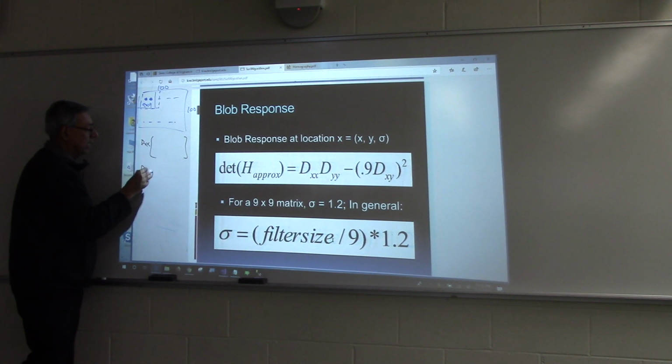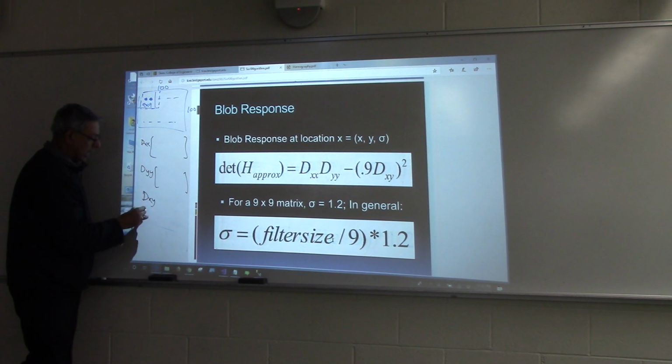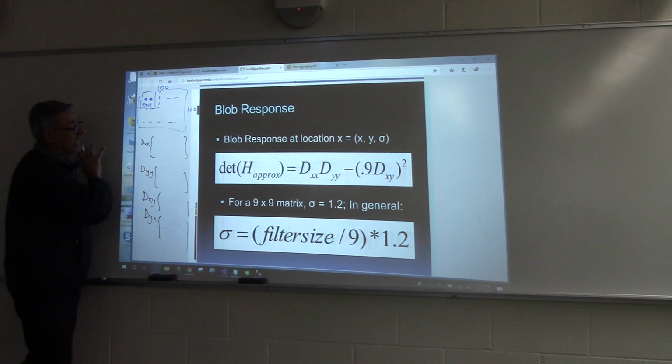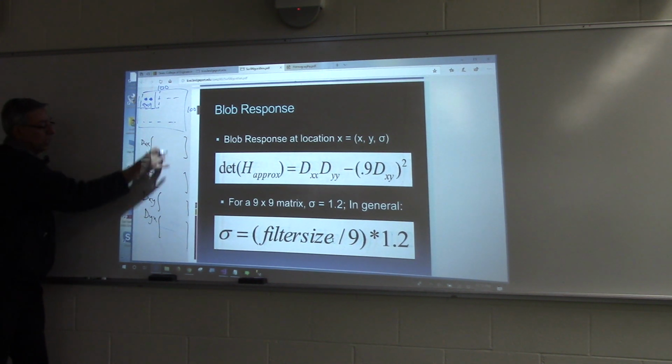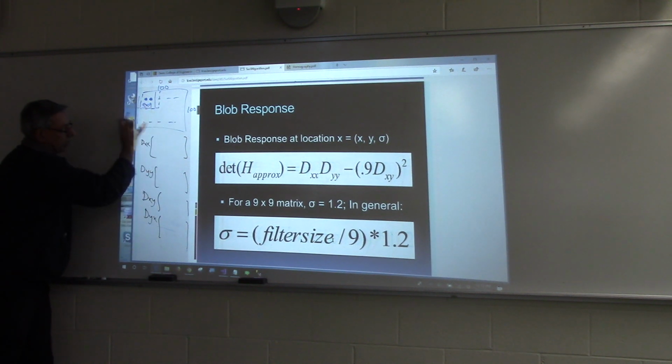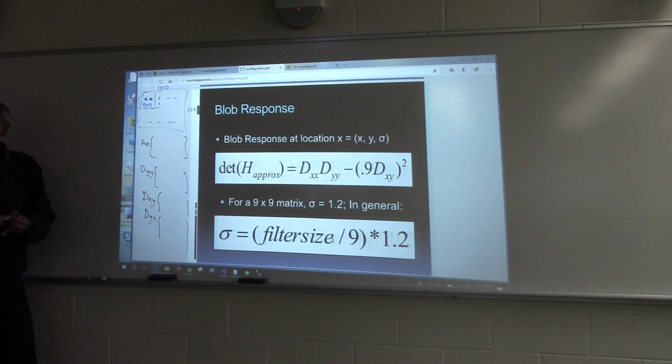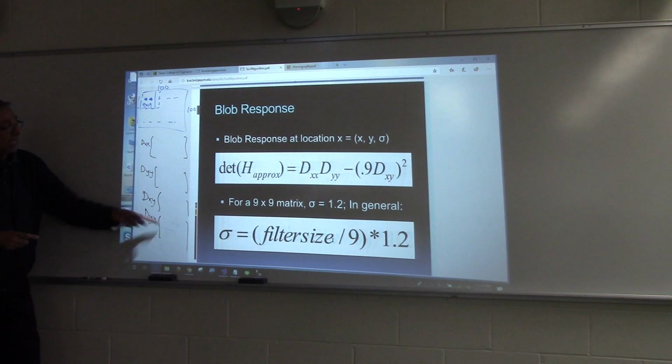Same way, we'll have a Dyy, Dxy, and Dyx. So we'll get 4 matrices, correct? After we did the integral image and applied those box filters by scanning over the whole image, we'll get 4 sets of data, correct?